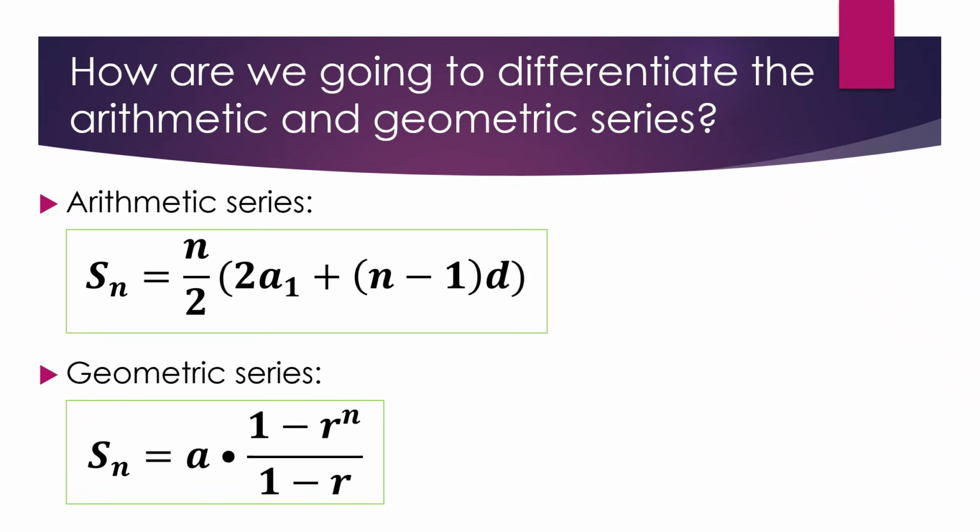And for us to be able to differentiate these two, we must know only two words. For arithmetic series, we must know that it is constant. In a word problem, if the common difference is constant, that is arithmetic series. Meaning, if we're talking about a loan, each month the payment is constant.